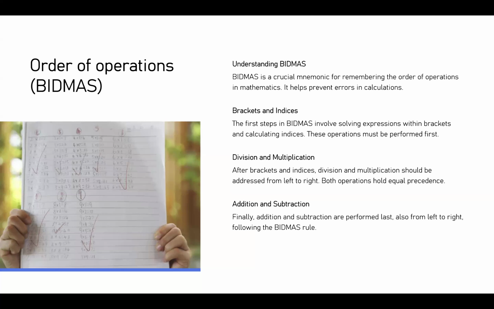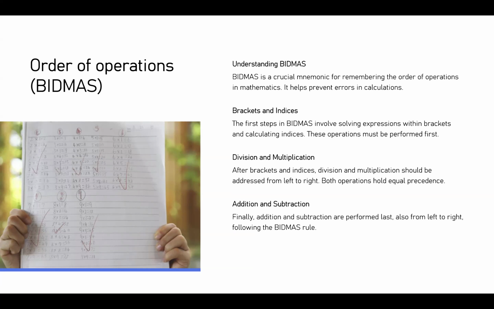Order of operations. BIDMAS is a crucial mnemonic for remembering the order of operations in mathematics. It helps prevent errors in calculation. The first steps in BIDMAS involve solving expressions within brackets and calculating indices. These operations must be performed first.